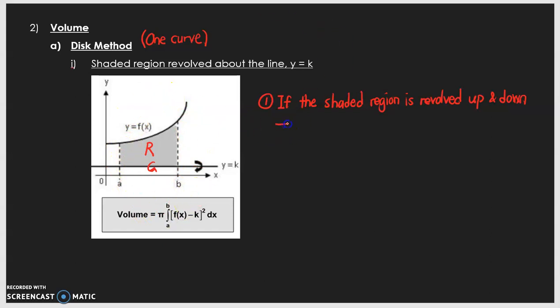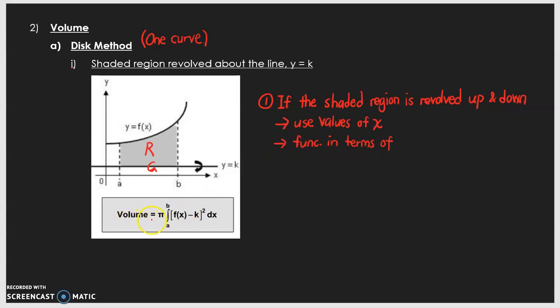Next we will use values of x, function in terms of x. So if the shaded region is revolved up and down, in these cases, we will use value of x and then function in terms of x.